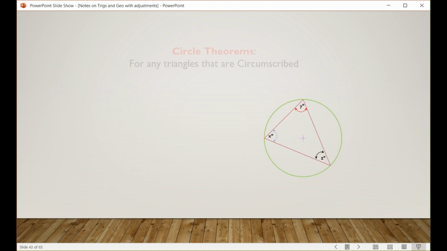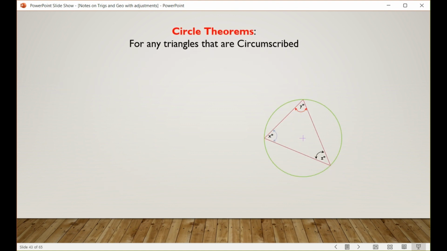Let's go on now. So for any triangles where the triangle fits directly inside of the circle, meaning that all three corners touch the circumference of the circle, it doesn't matter where it is. So go, students, and draw any size circle, pick any 3 points and connect them.